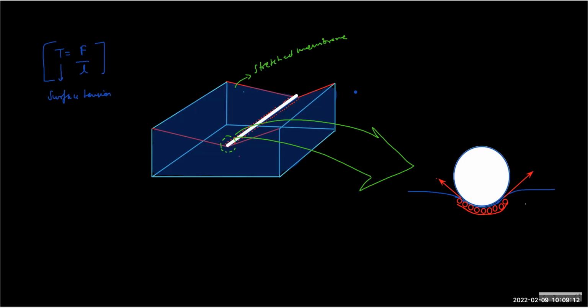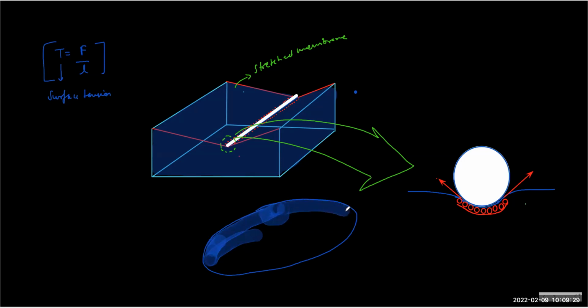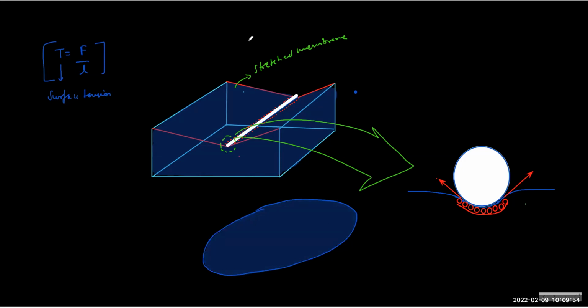If we have a random surface of any random liquid, so let's say this is the liquid surface, and if I draw any imaginary line, this random line which I have drawn, then the pull force by the surface will be acting normal to this line.